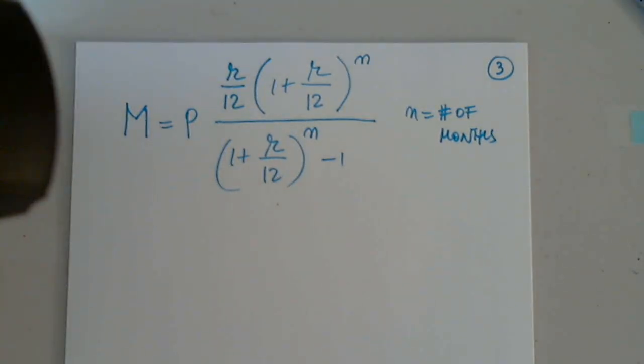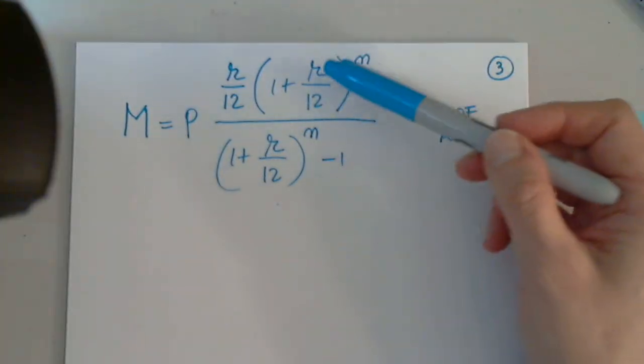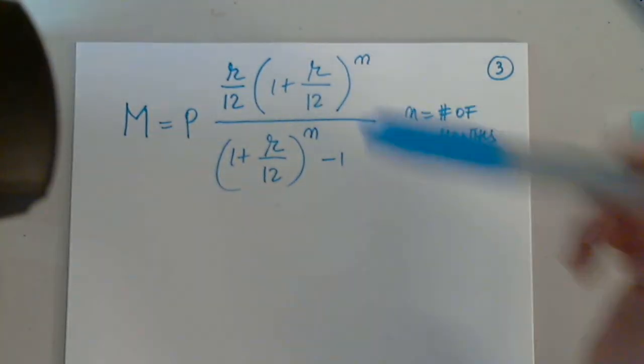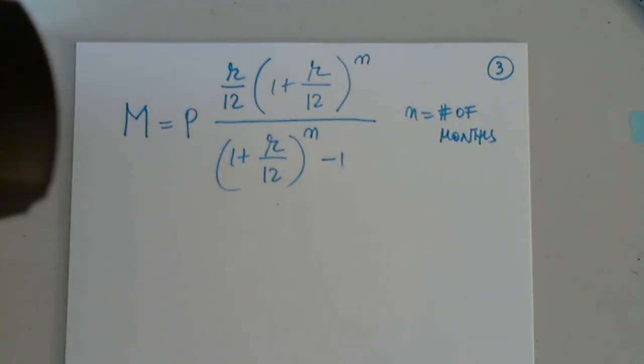Okay, so let's see. You can give me any amount you want to borrow. We need an interest rate, and you need to tell me how many years you want to keep the loan till you fully repay it. And then I'll show you how to plug in this formula. So who would like to borrow any amount of money?